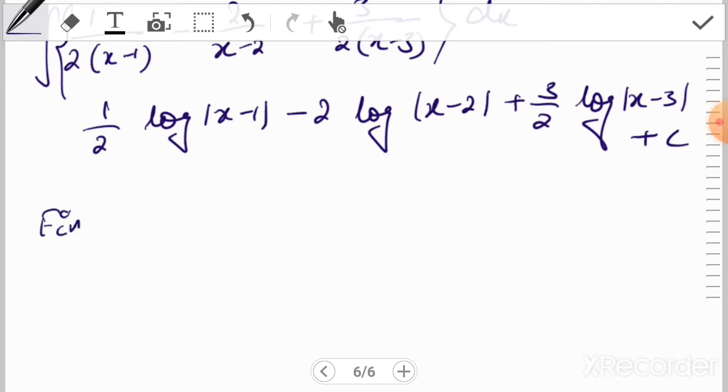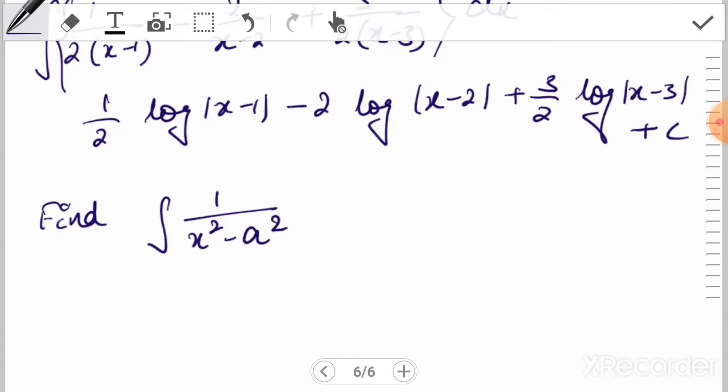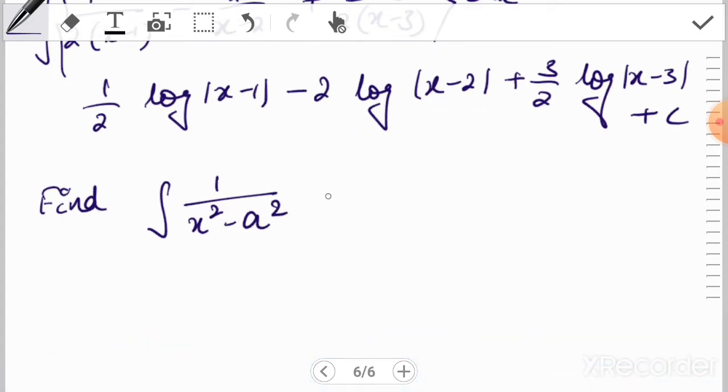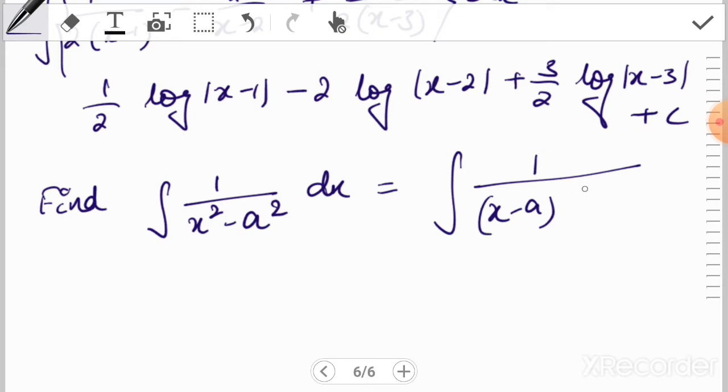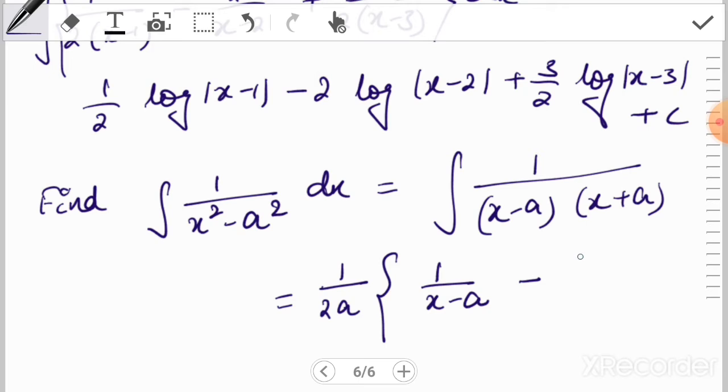Find the integral of 1 by (x square minus a square) dx. This can be written as 1 by (x minus a)(x plus a). Again, using the partial fraction method, we can have 1 by 2a times [1 by (x minus a) minus 1 by (x plus a)], right?